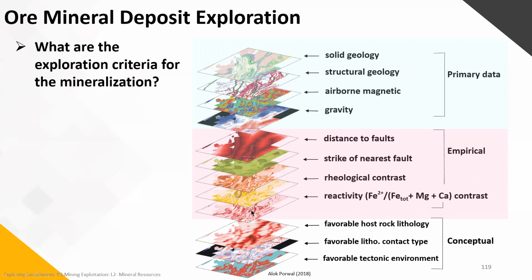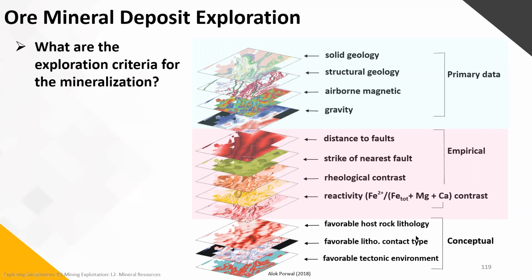And then we have what we call all the elements to be used and crossed and intersected with each other to form our more advanced interpretations, which then fall within conceptual data. Conceptual data is each geologist will sit down and create favorable potential maps.